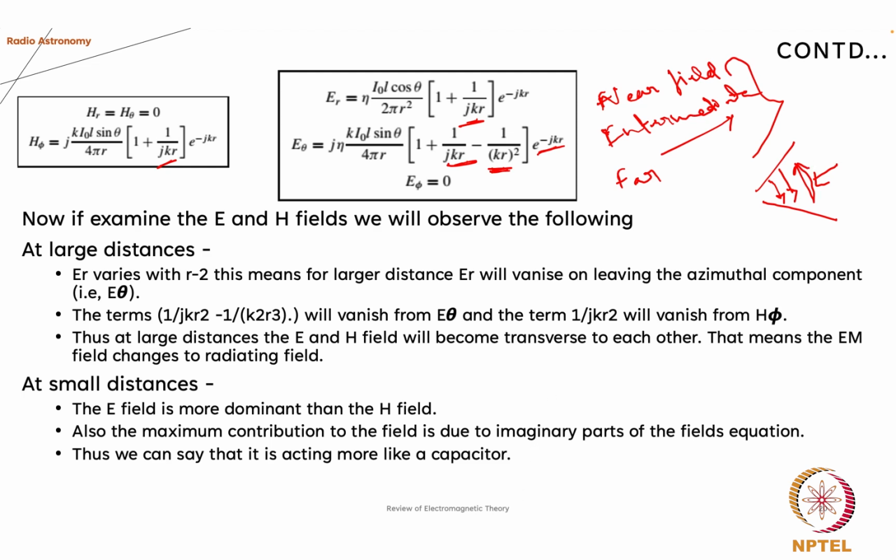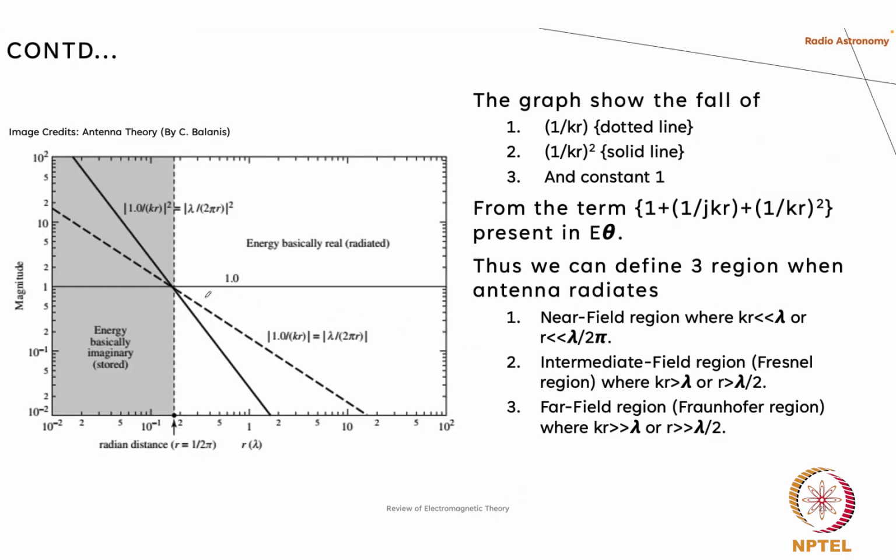You can also draw this chart, which you can read in more detail in Antenna Theory by Balanis. However, you can also create it by using this term here. If kr is much less than 1, or r is much less than lambda by 2 pi, then your field is in the near field region.